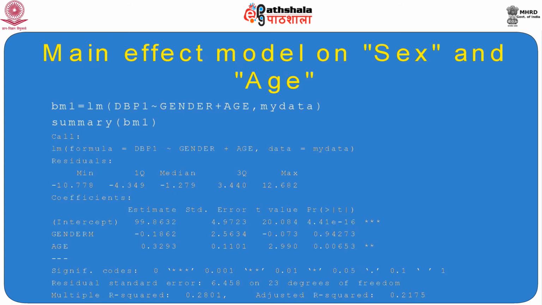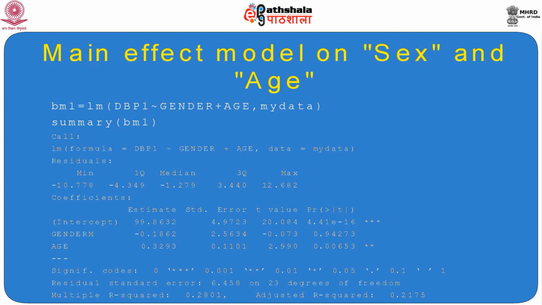Now for gender, the coefficient for male is minus 0.18 with standard error 2.56, t value minus 0.07 and p-value 0.94. Age is 0.32, standard error 0.11, t value 2.99, and the p-value is significant. So it can be said that age has a highly significant influence on diastolic blood pressure, and those with higher age have higher diastolic values.